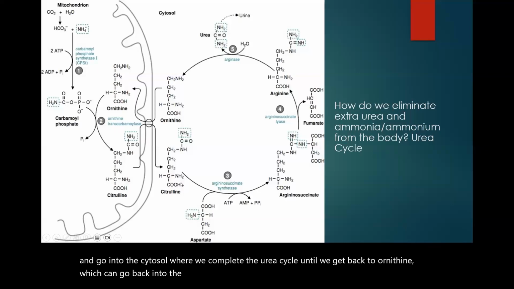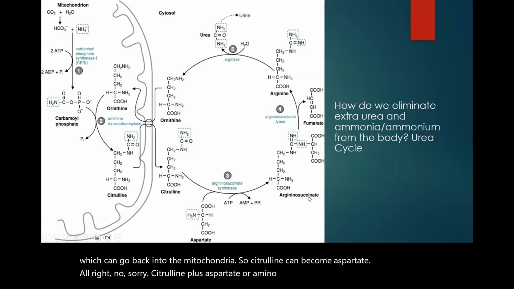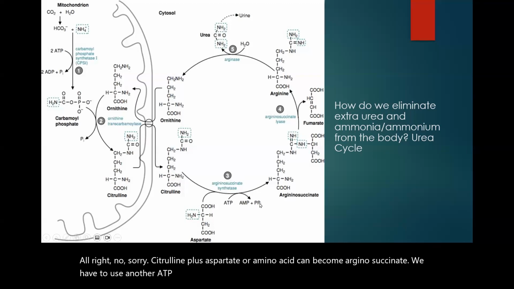So citrulline plus aspartate, our amino acid, can become argininosuccinate. We have to use another ATP, pulling off 2 phosphate ions. So again, super energetically wasteful. Argininosuccinate, we remove a fumarate and we get arginine.